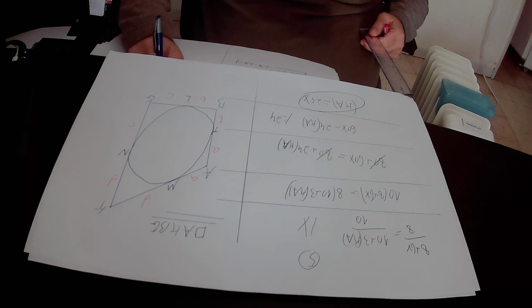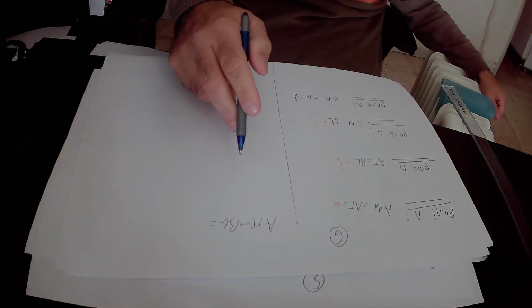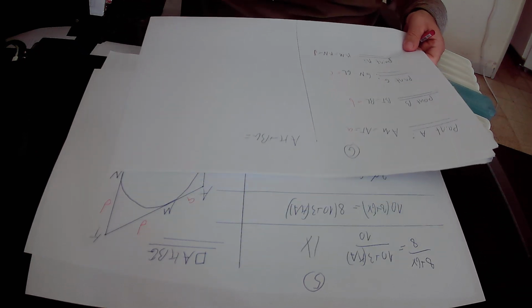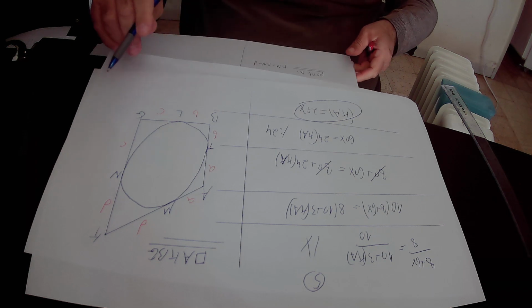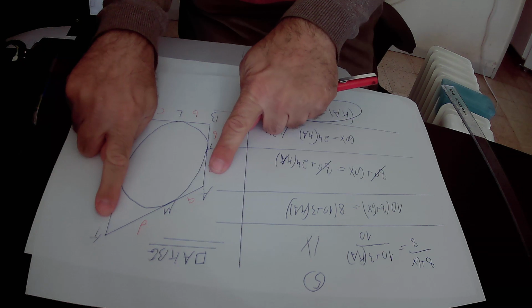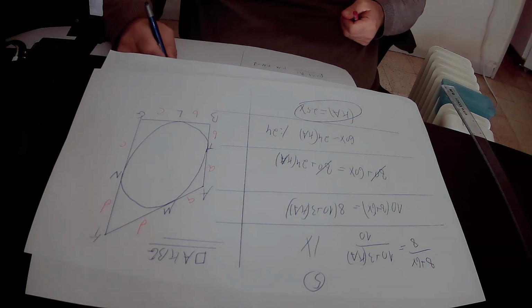From the drawing it is very easy to see that AK equals A plus D. So we substitute AK by A plus D plus BG.